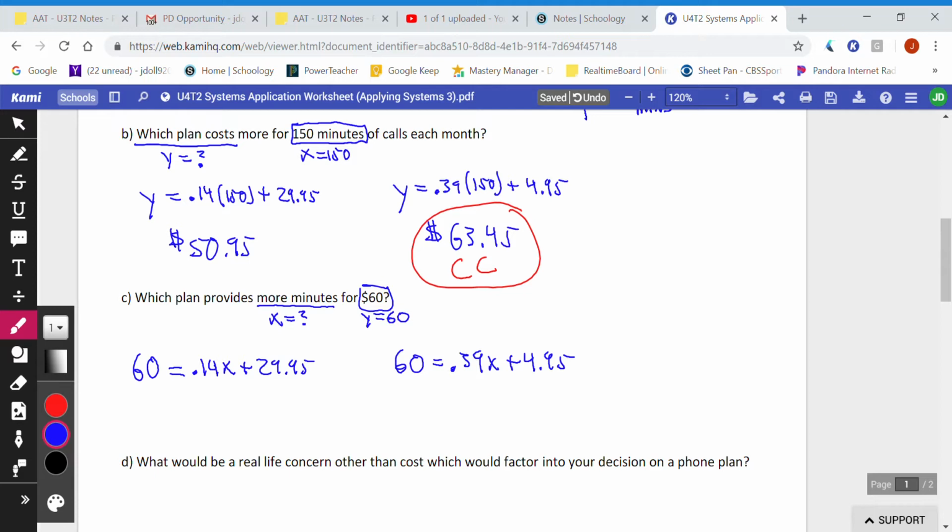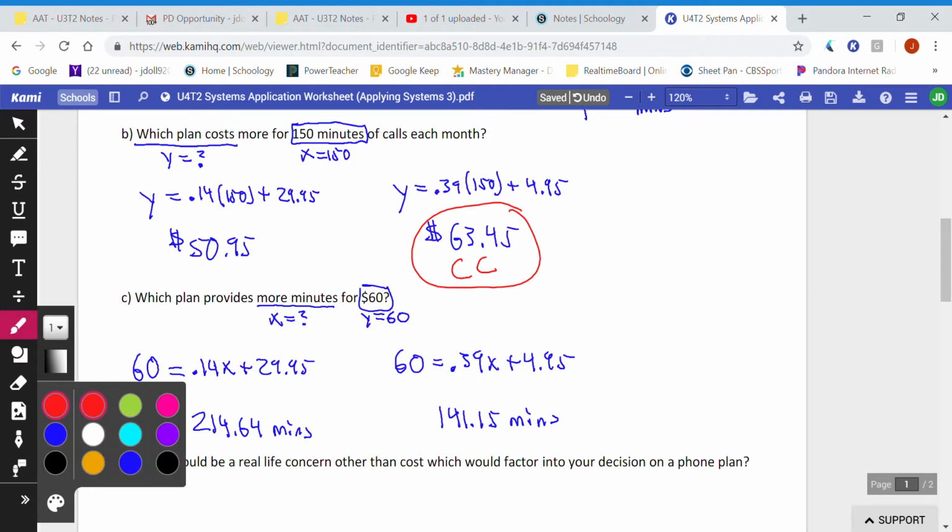I'm going to subtract 29.95 from both sides, and then divide by 0.14. And here I get 214.64 minutes. And on the other side, 60 minus 4.95 divided by 0.39, I only get 141.15 minutes.